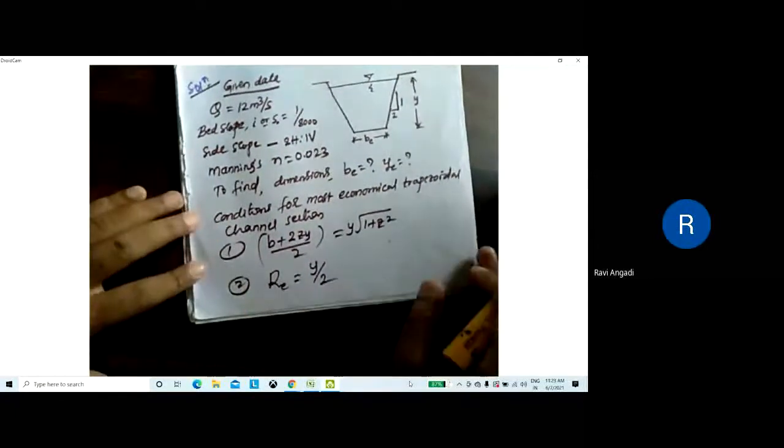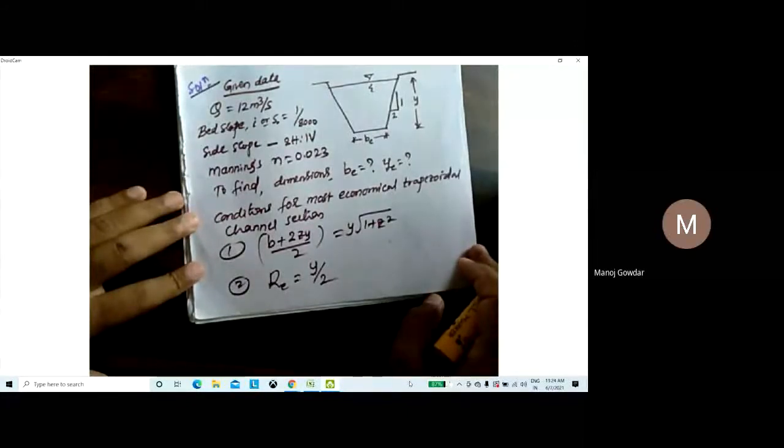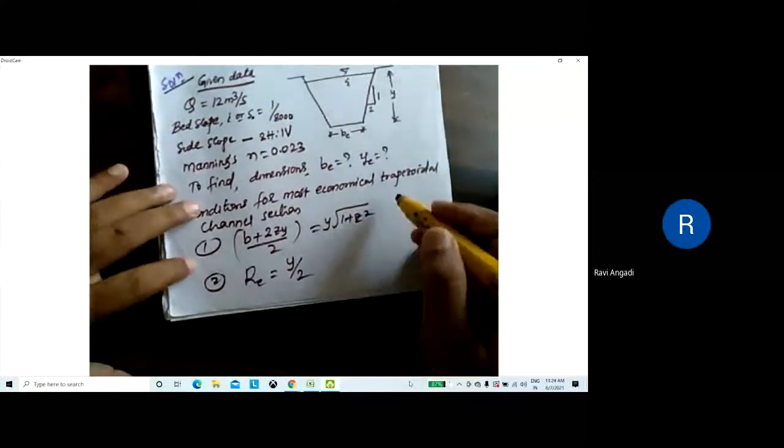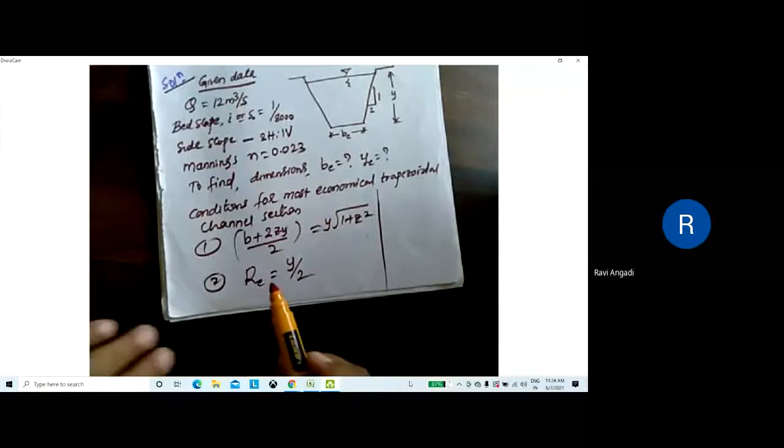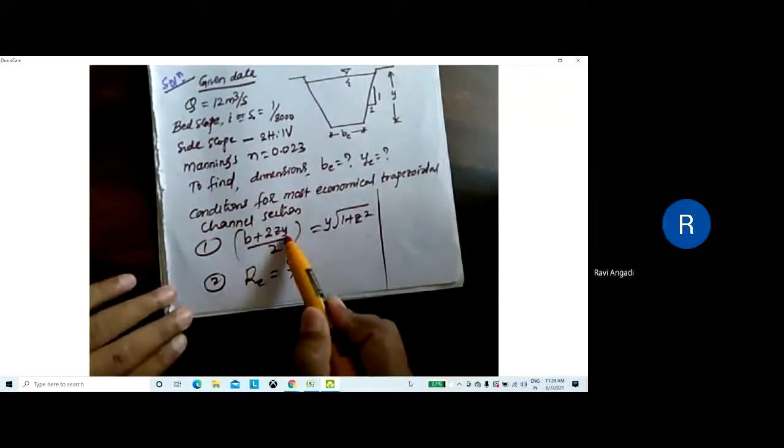Write these two conditions. Is it over? Okay. Now, in these two conditions, depth is unknown, correct?